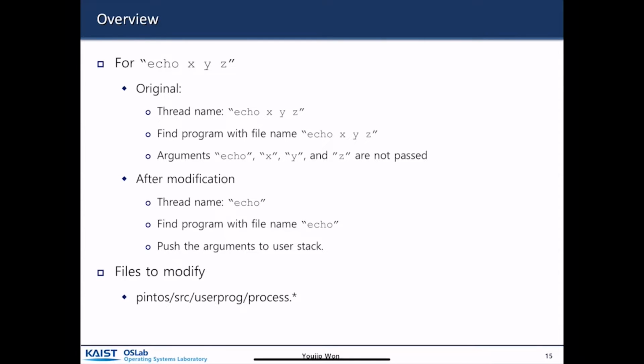After modification, we have to tokenize individual tokens in a command line, and then we should be able to identify the thread name and find the program with file name echo. And then we should be able to push the arguments to the user stack. So in this case, there's X, Y, and Z. So we need a mechanism to push these arguments to the user stack so that the echo can use these arguments to do its job.